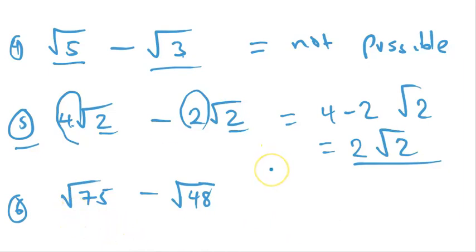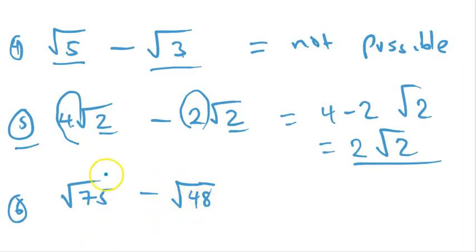The next one is root 75 minus root 48. First of all, what is inside the radical is not the same. Second step is we have to look if we can simplify this. Can we simplify root 75? I think so. And root 48, you can also simplify.